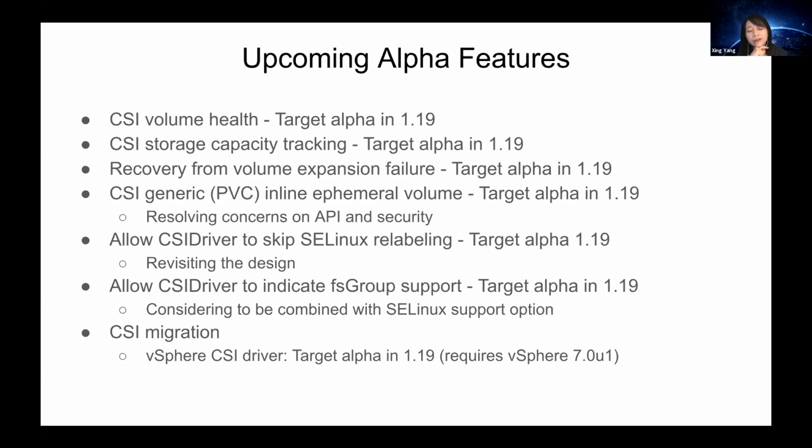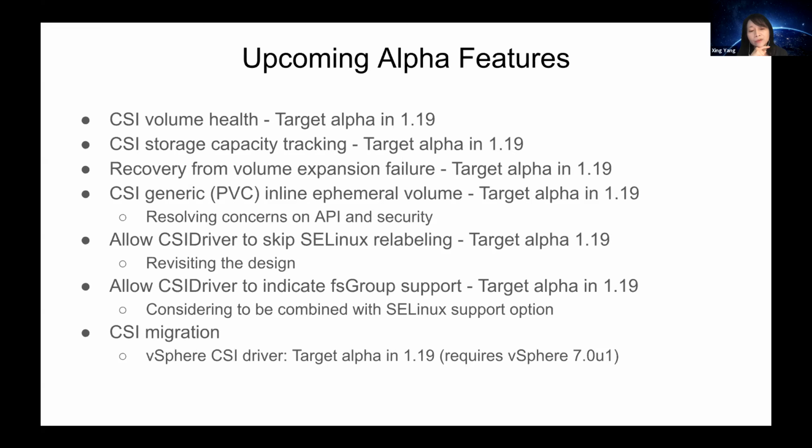We already have the in-tree code changes merged, which has a translation library that allows us to migrate from the in-tree driver to the CSI vSphere driver. There is one requirement for the CSI migration to work: vSphere needs to be 7.0.